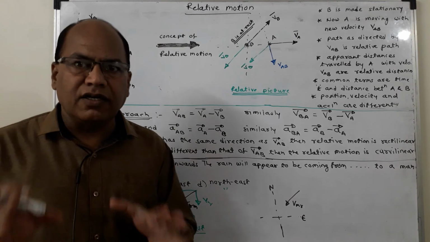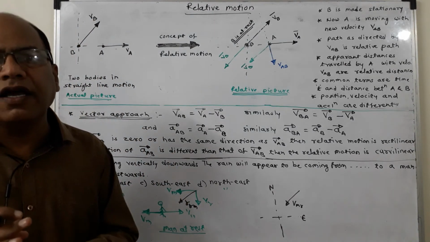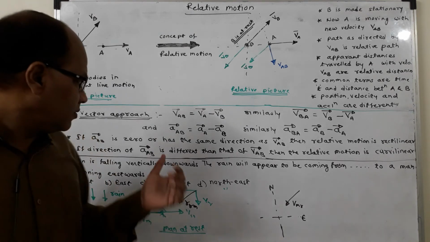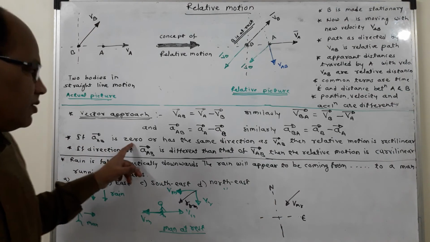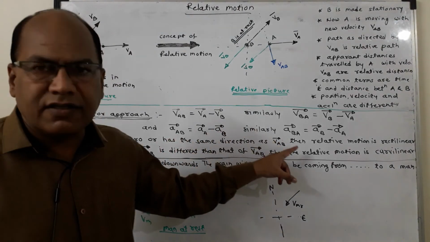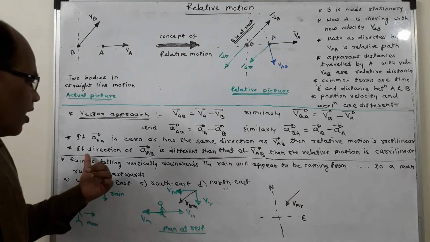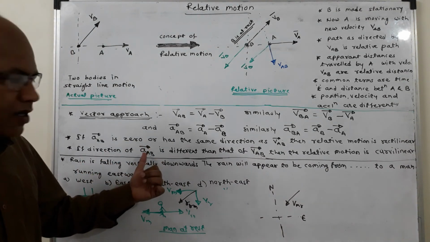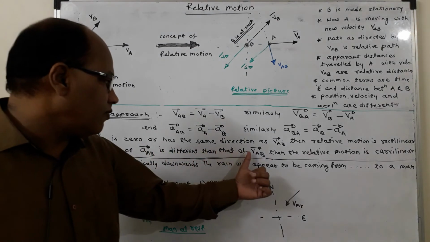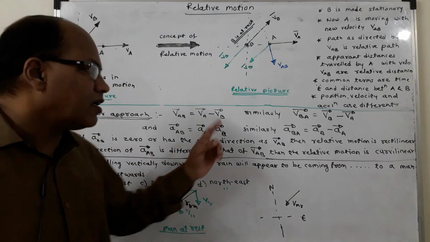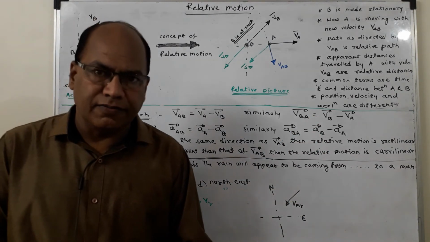In order to predict it, we should calculate AAB or ABA. If AAB is 0 or has the same direction as VAB, then the relative motion is rectilinear. Whereas if the direction of relative acceleration and the direction of relative velocity are different, then the relative motion is going to be curvilinear.